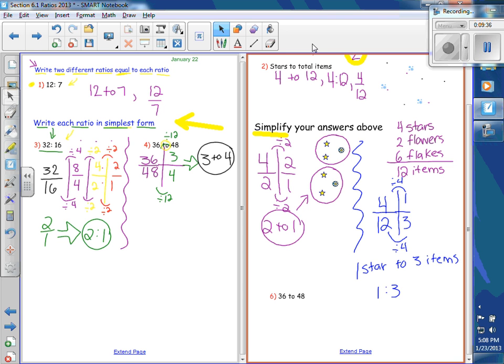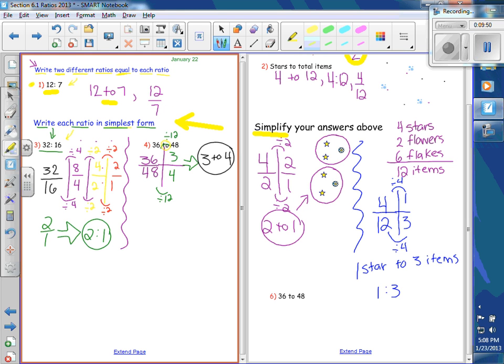Let's take a minute to just summarize. Right now, in chapter 6, you want to make sure that you can write ratios with colons, words, and fraction form. And you want to make sure that you can simplify your answers. And in order to simplify your answers, you're going to take your ratio and put it in fraction form, like we did here, and reduce it to get your final answer.